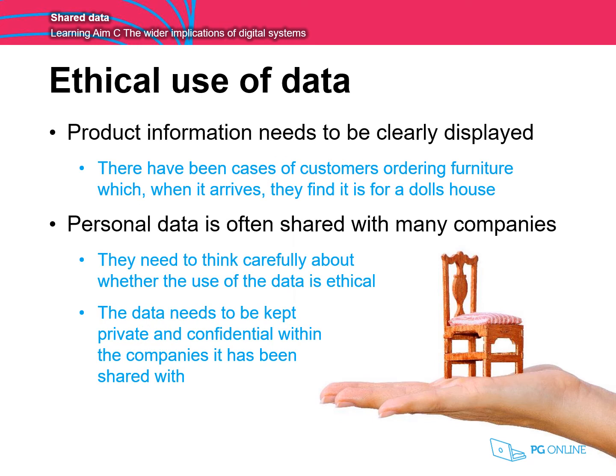This brings us on to ethical use of data. When information is being displayed about products, it needs to be very clear. There's been many cases where customers have been misled from the information that has been labelled. A key example that I always think about is when you go onto eBay and you can see people selling game consoles.